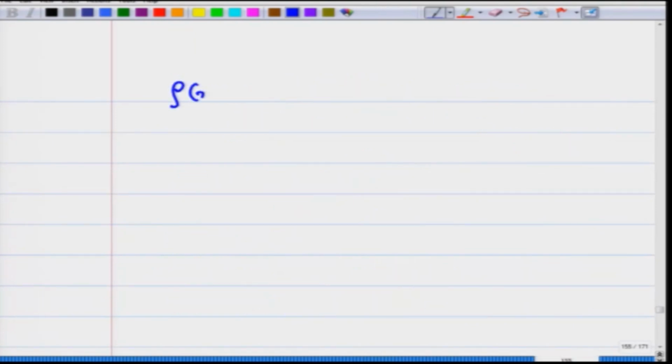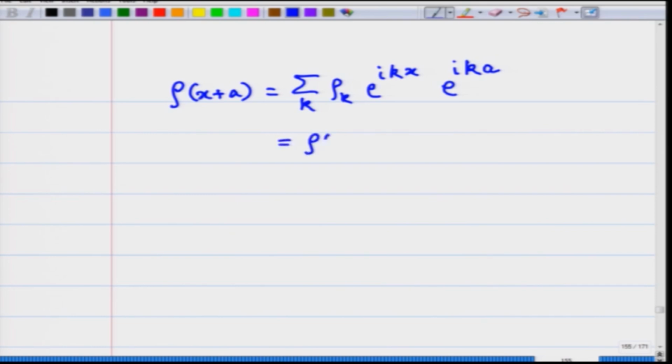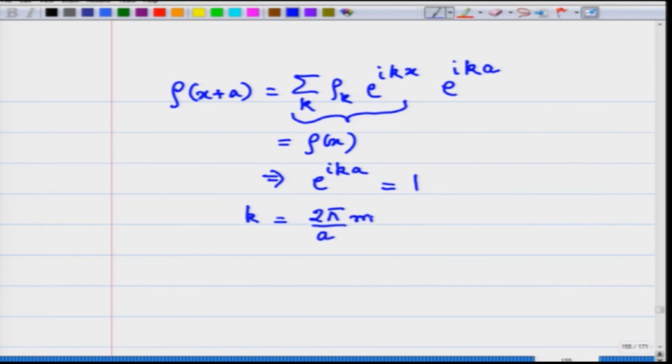For translational invariance, this should be equal to rho x, which implies e raised to i ka should be equal to 1, and this puts a condition on k: k should be 2 pi by a times m, where m is some integer which can be both positive and negative.